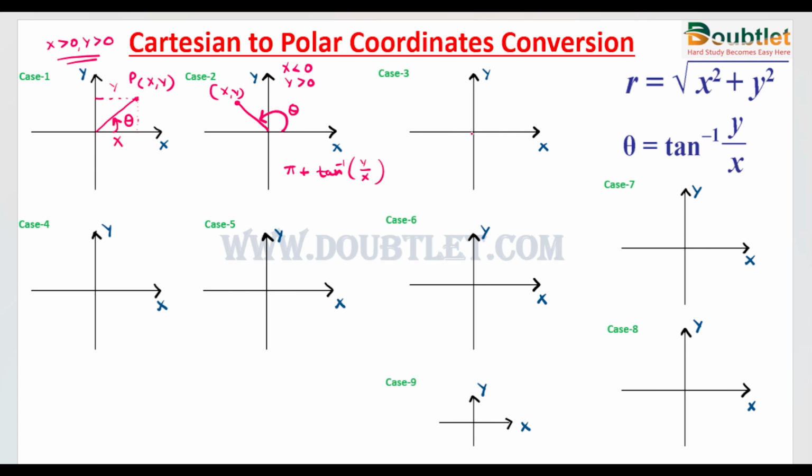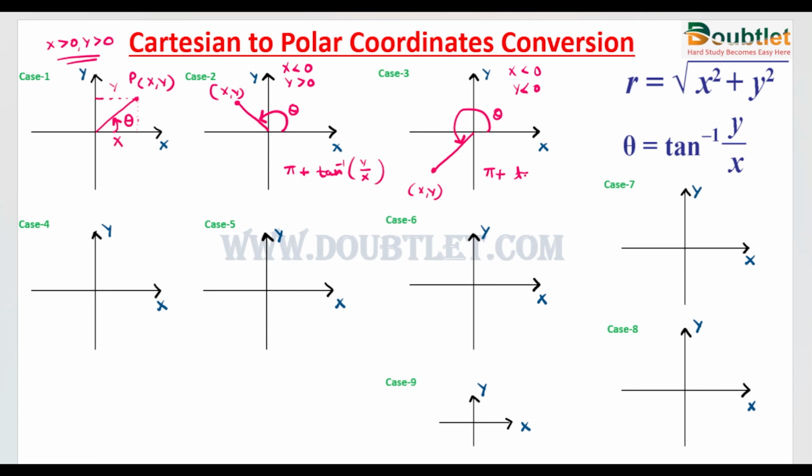Now in case 3, we consider the third quadrant. Suppose a point x comma y lies in the third quadrant, so x is less than 0 and y is also less than 0. If we draw the angle, this is the polar angle. To calculate it, we add the tan inverse angle to pi.